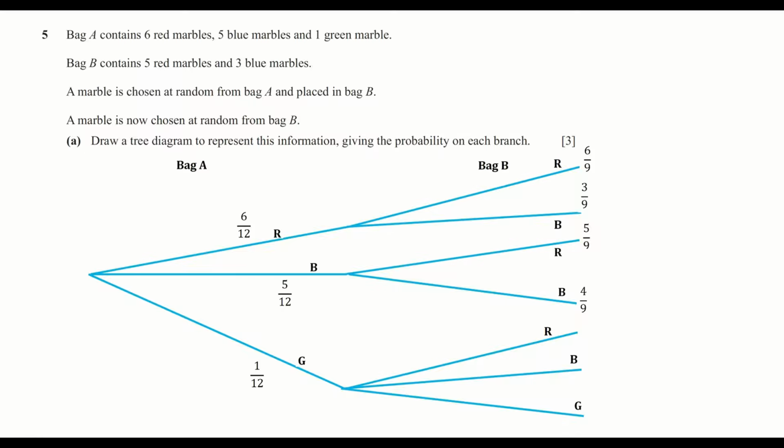We are adding a green marble, which means the number of red and blue marbles in the bag doesn't change. So the probability of red is 5/9. There are still 3 blue marbles. The probability is 3/9. We now have 1 green marble. So the probability is 1/9. And we have now completed our tree diagram.